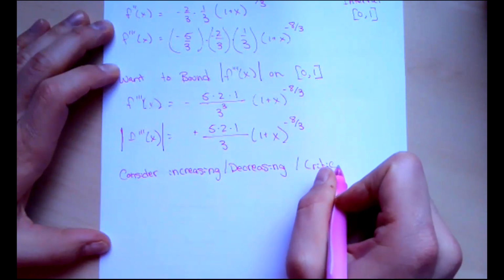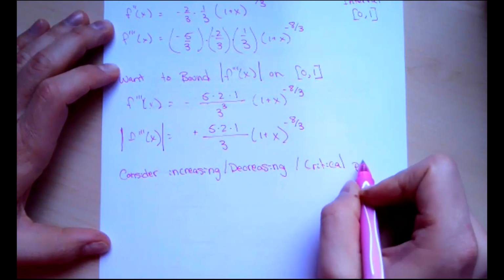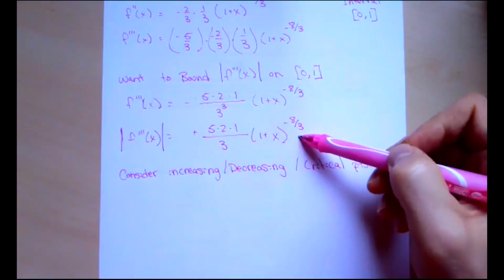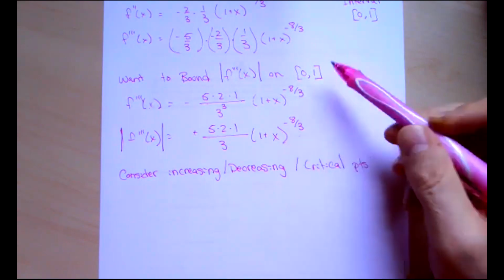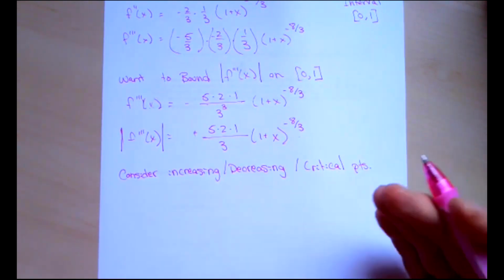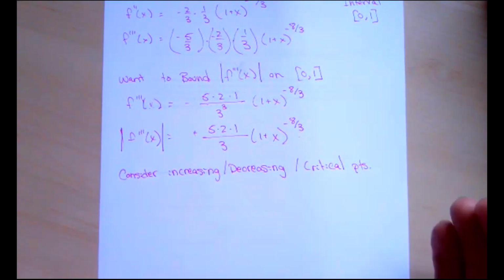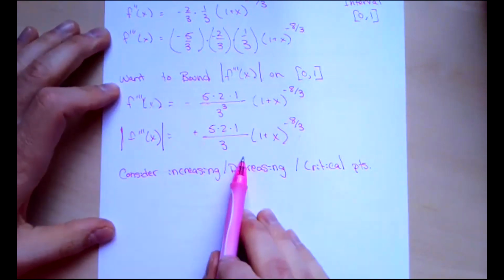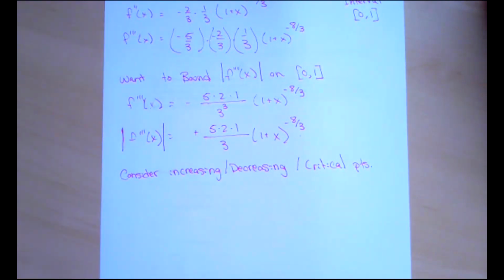Just like we did in Calc 1, if I want to find the maximum value of a function on a specific closed interval, you would have to take another derivative, find critical points to see if there's any local max or min, and then check the endpoints. That is a lot of extra work. So we are relying on you guys being pretty decent Calc 2 students at this point to start recognizing some of these functions and what's going to happen with them.